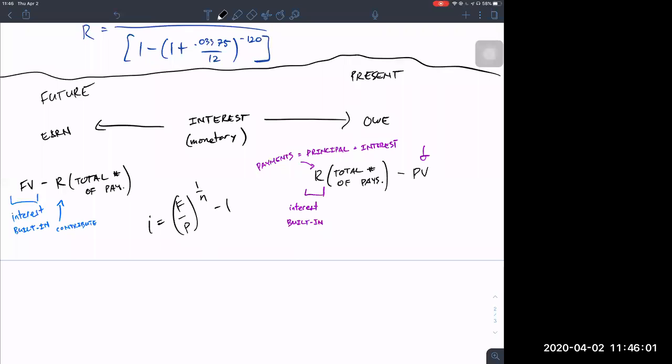That has nothing to do with money, right? Don't do that. So if it asks you for interest, they're asking how much money was earned? How much money did you have to pay on top of the loan? That type of thing. So hopefully that helps a couple of people right there.